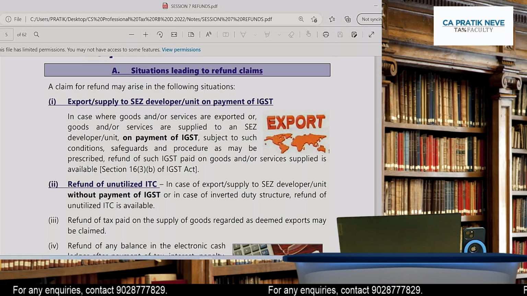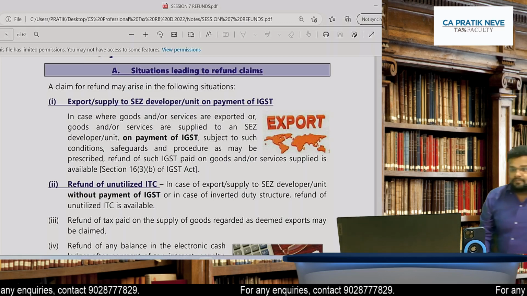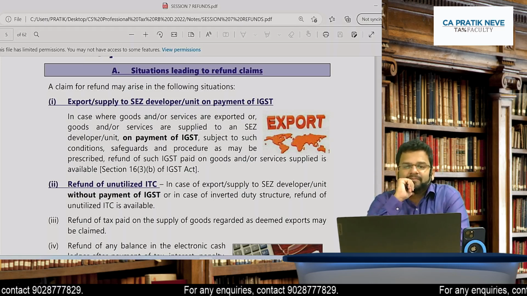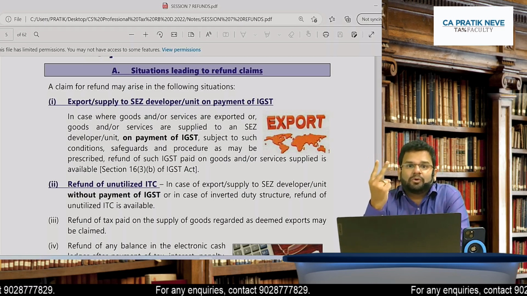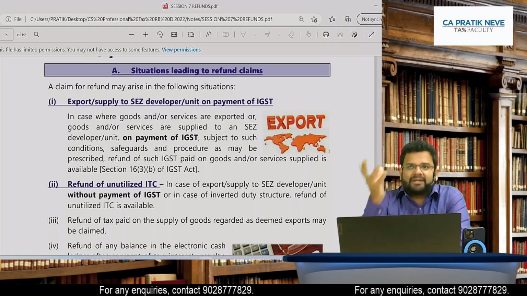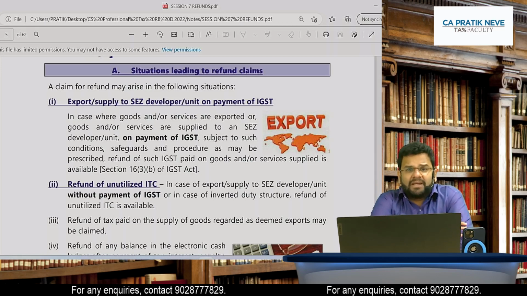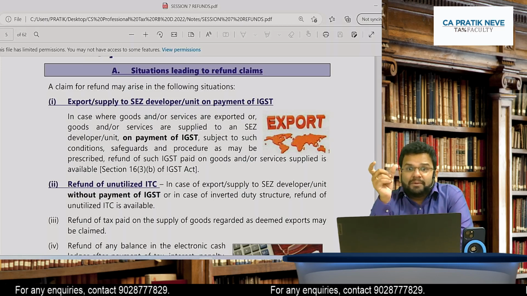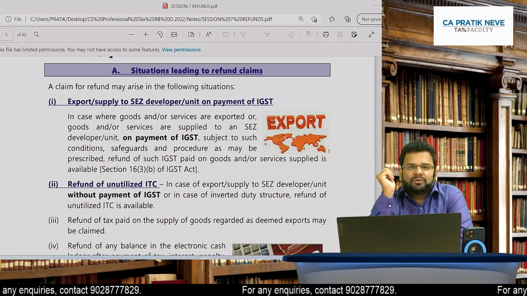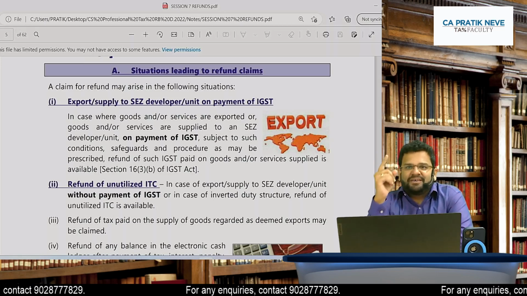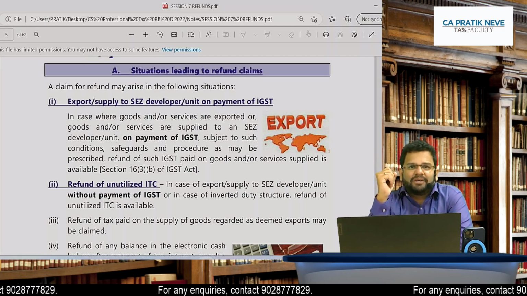Yes, so as I'm telling you, what you can do is you can do exports. There are two possibilities in exports. One is you don't pay any output tax at all. If you're not paying any output tax at all, then your ITC is remaining unutilized. Of that ITC, you can claim refund. Did you get this point?